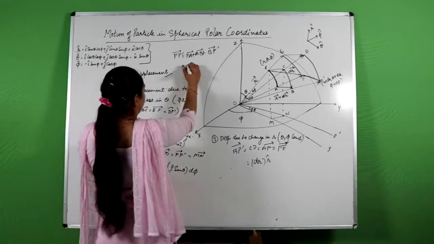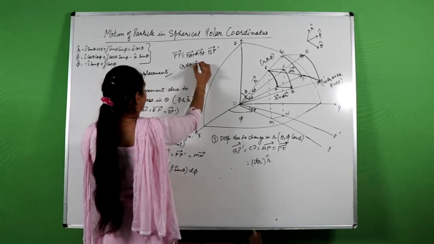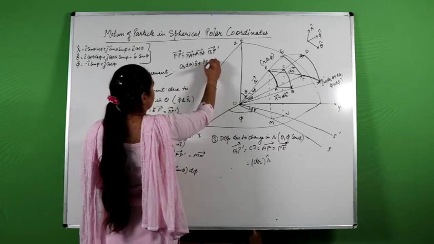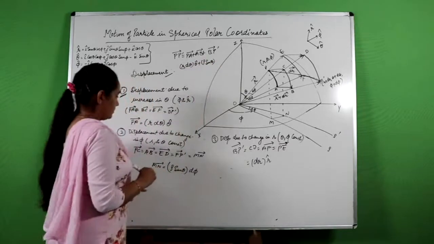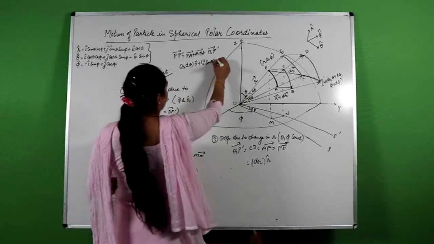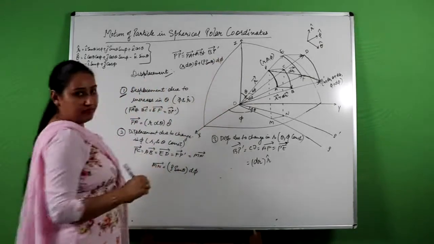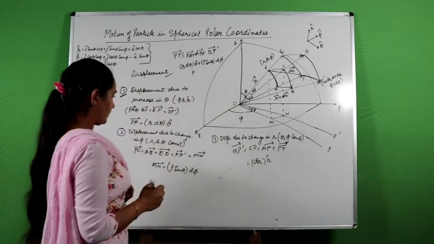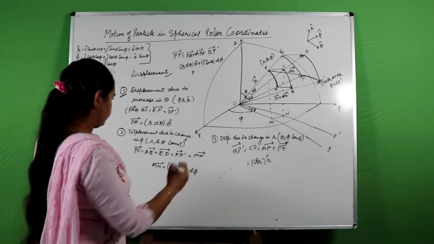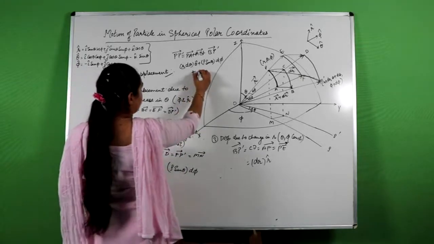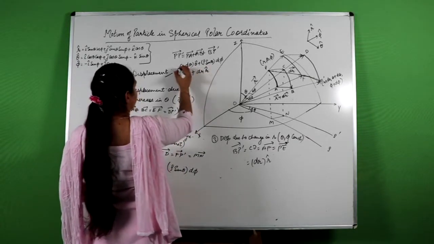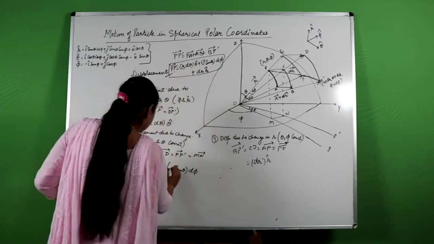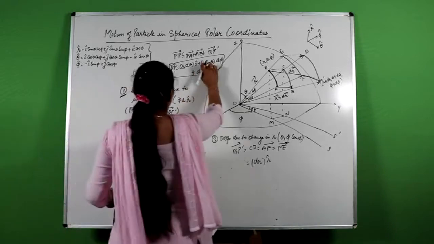PA is my R d theta, theta cap plus AB, sine theta d phi, plus my dr.